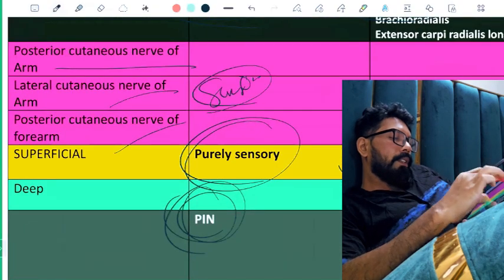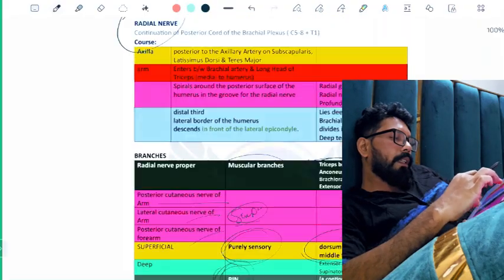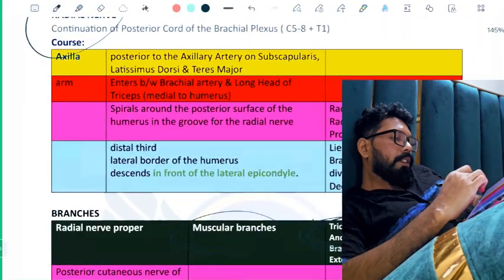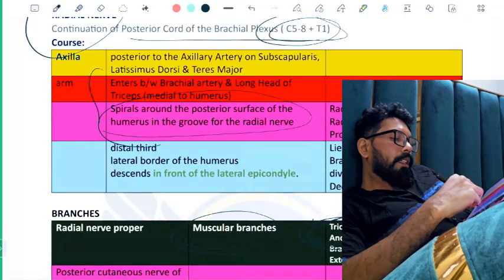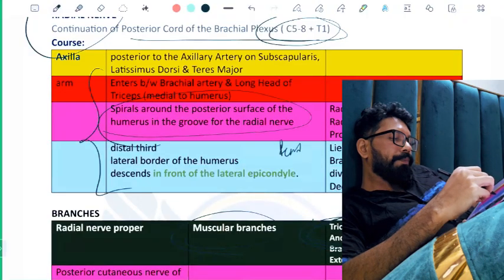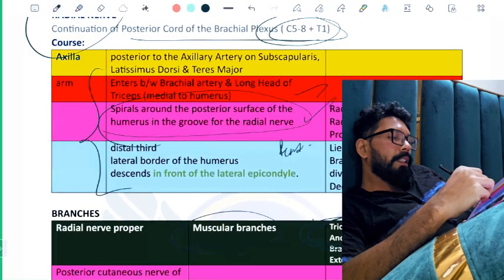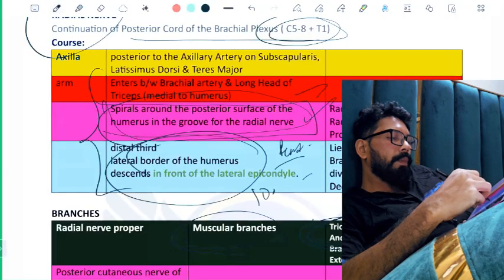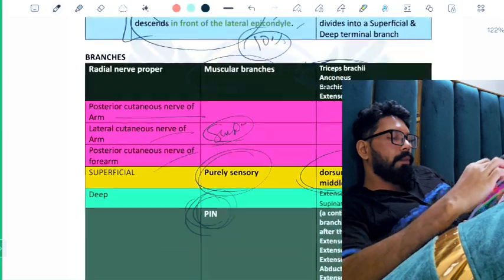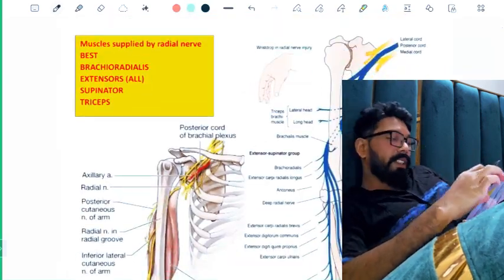Not so important, but still we have time, you study. So continuation of the cord of the brachial plexus. You must know this one. Then the continuation. Just give a reading. All of the three parts are important, especially this part and this part. These are 100% important, guys. They ask you questions from here. These days they ask a lot of questions, guys.